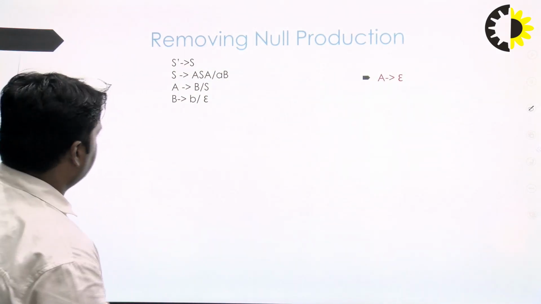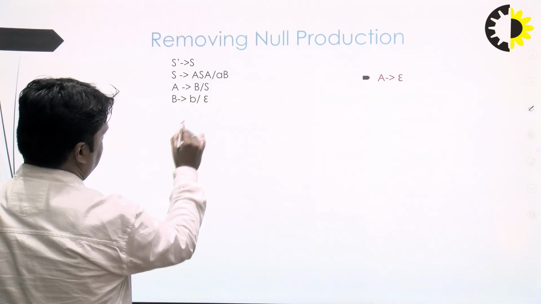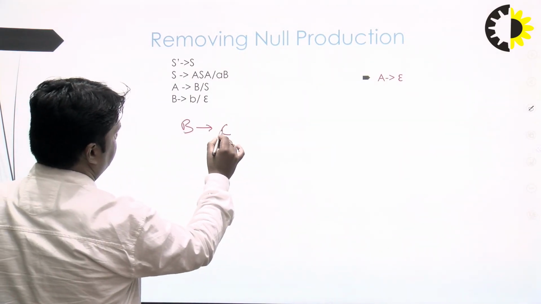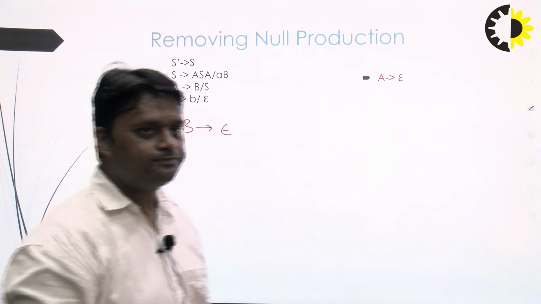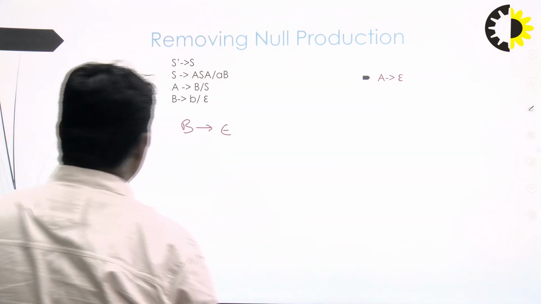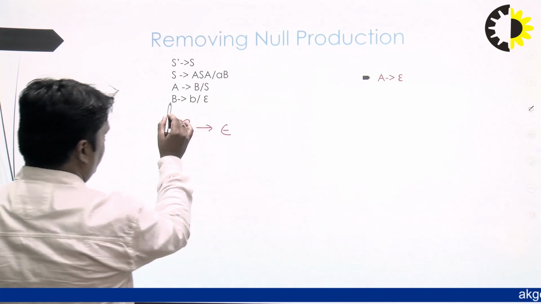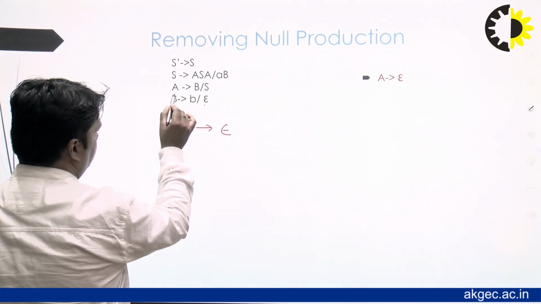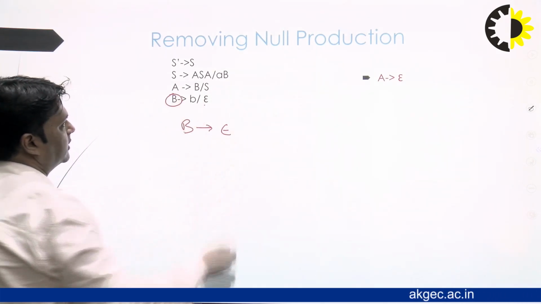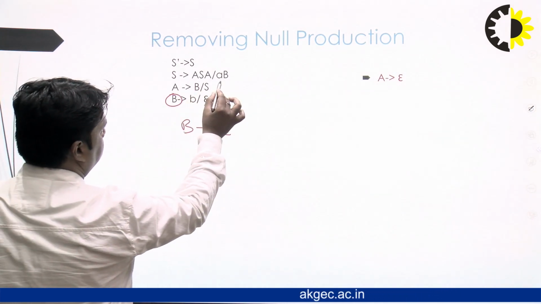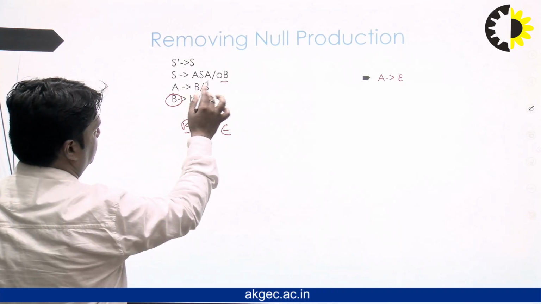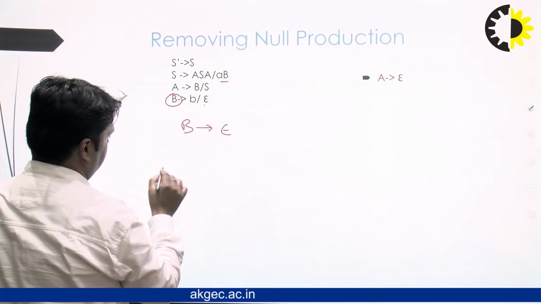Now the second step says to remove null production. Here B implies epsilon is a null production, so we have to remove it. We put the value of epsilon where B appears on the right hand side. Here S implies ASA slash AB.